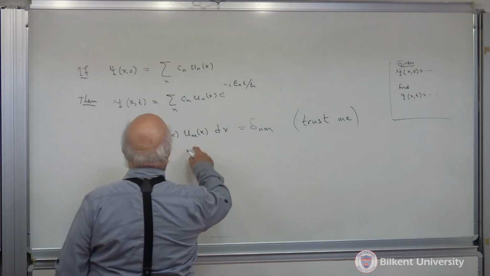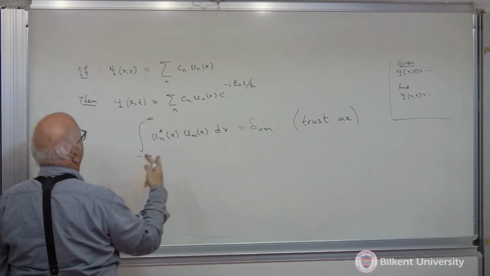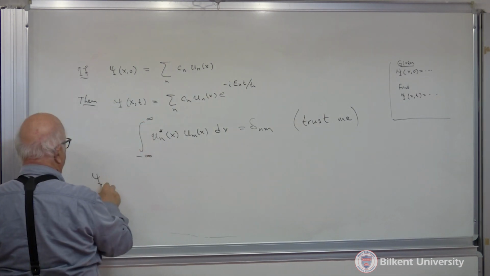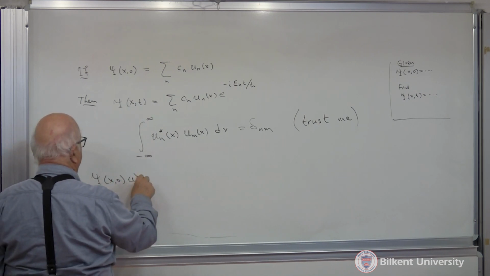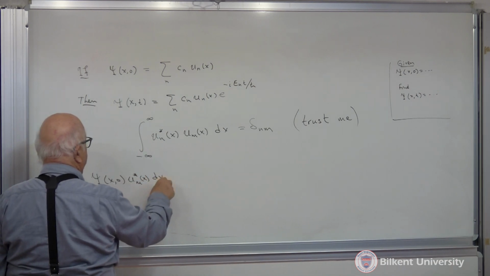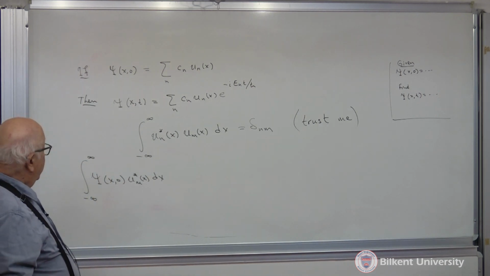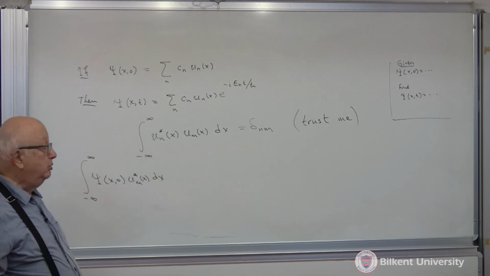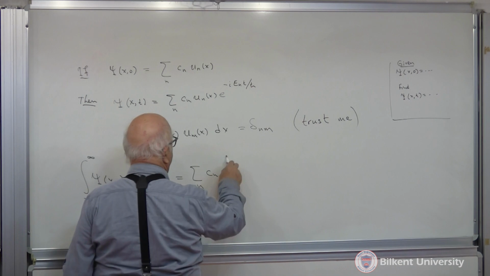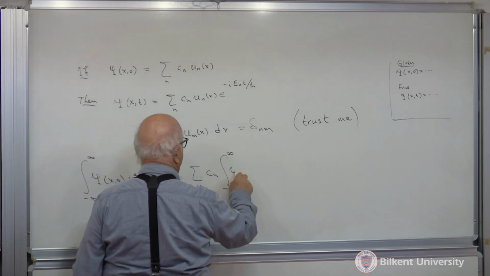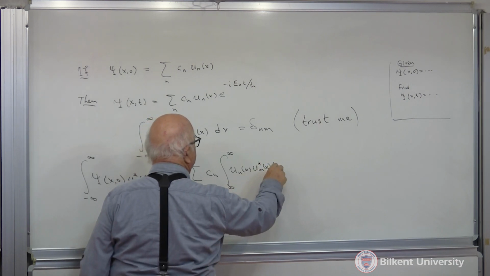So what do I do? I multiply both sides of the equation by um star. So if I take psi x0 and multiply it by um star of x dx, in general from minus infinity to infinity, I have to do that on the right-hand side also. So I'm going to get the summation over n of Cn, integral from minus infinity to infinity, un of x, um star of x dx.